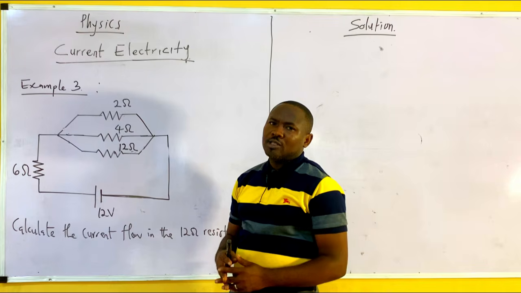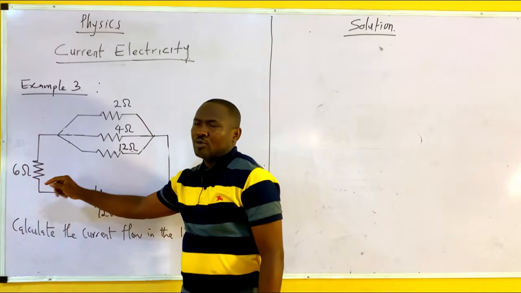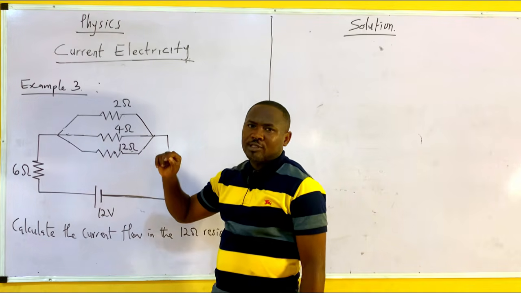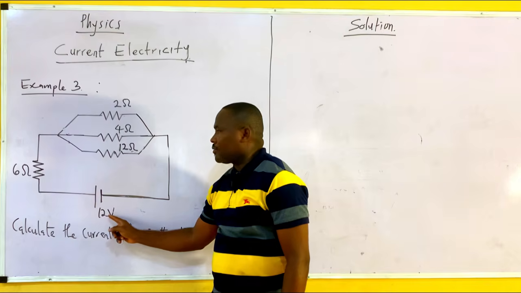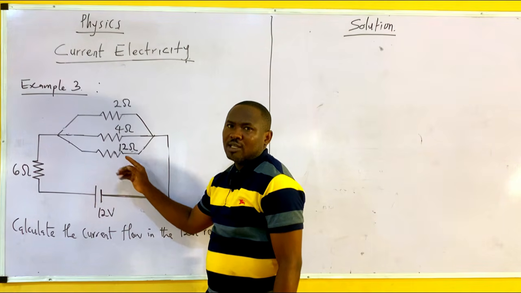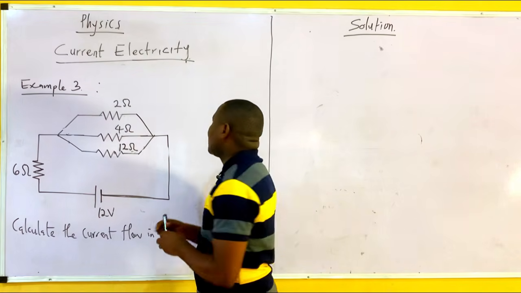To know the total current, add up the whole resistors to get the total resistance. Since we know the total voltage is 12, and know the total resistance, then apply Ohm's law to get the total current. So let's know what is the total current.